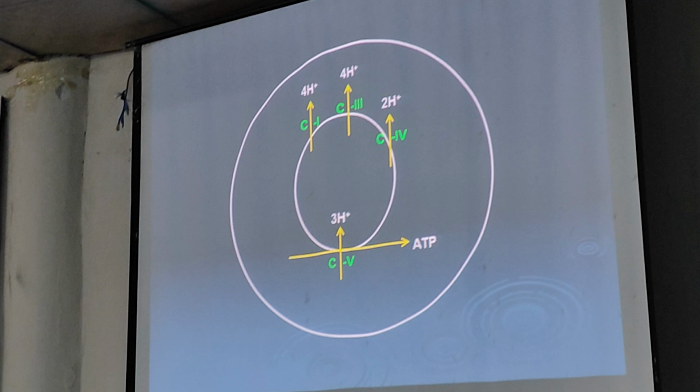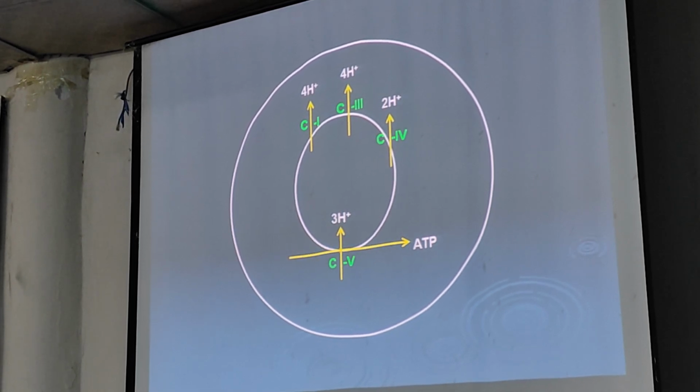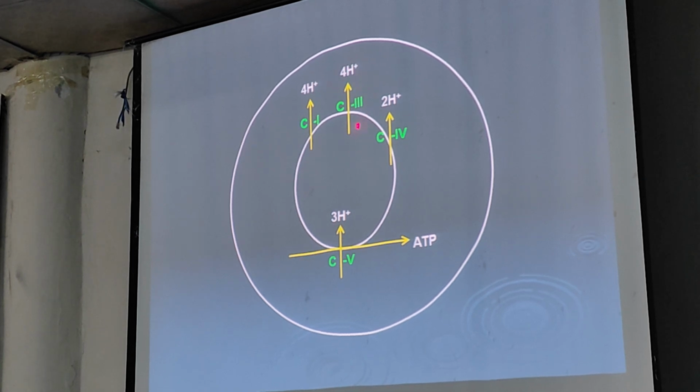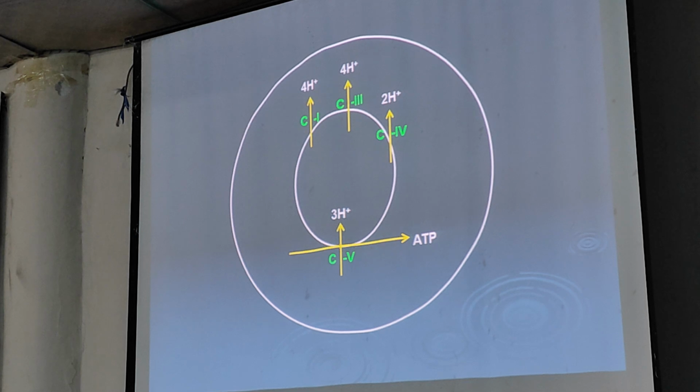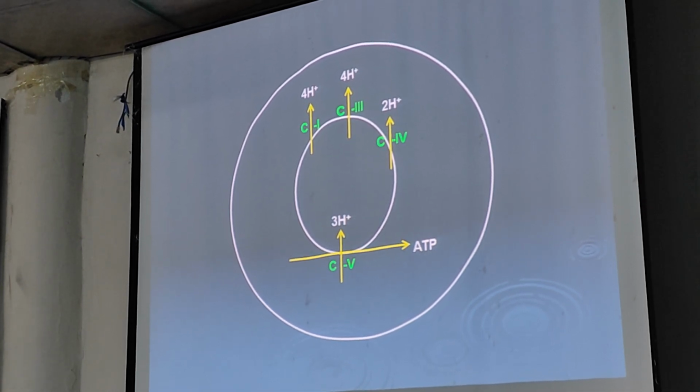Now complex 3, cytochrome B, and finally complex 4, cytochrome AA3. So this energy will be utilized to pump 4 hydrogen in complex 1, 4 hydrogen in complex 3, and 2 hydrogen in complex 4. So there is a pumping of protons from the mitochondrial matrix.